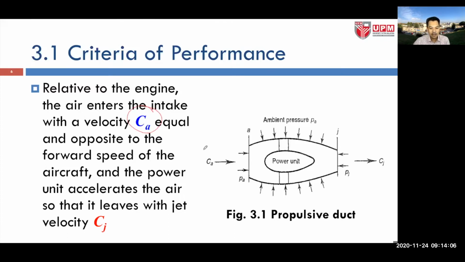Imagine this is just a schematic of the power unit, the propulsive duct, and the air velocity is equal and opposite to the forward speed of the aircraft. So the aircraft is moving this way. Basically, this is the aircraft direction.